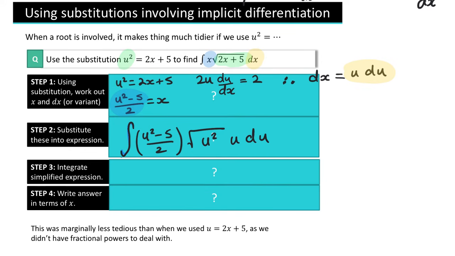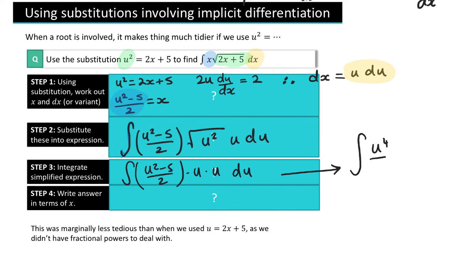Okay, so now I'm going to expand, simplify, sort my life out. So u squared minus 5 over 2, root u is u times u du. So actually I'm now going to have u squared, right? So if I expand this as well, you should all be able to get the same answer as me.